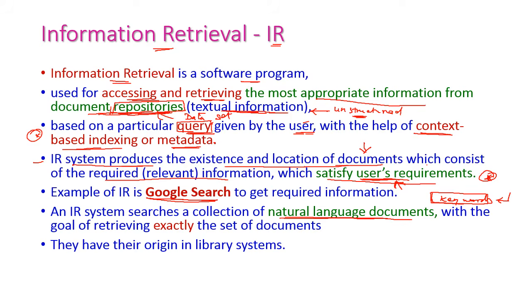From a huge collection of the data repository, the query will retrieve the required information given by the user. Here the IR system searches the collection of natural language documents with the goal of retrieving exactly the same set of documents which the user required. They have their origin in library systems.